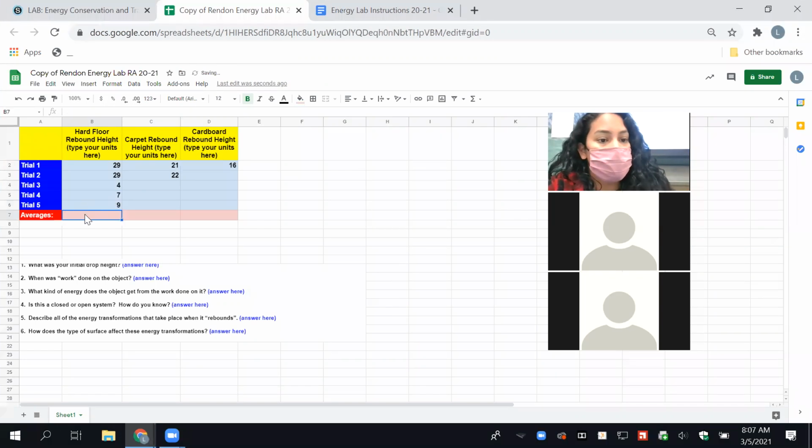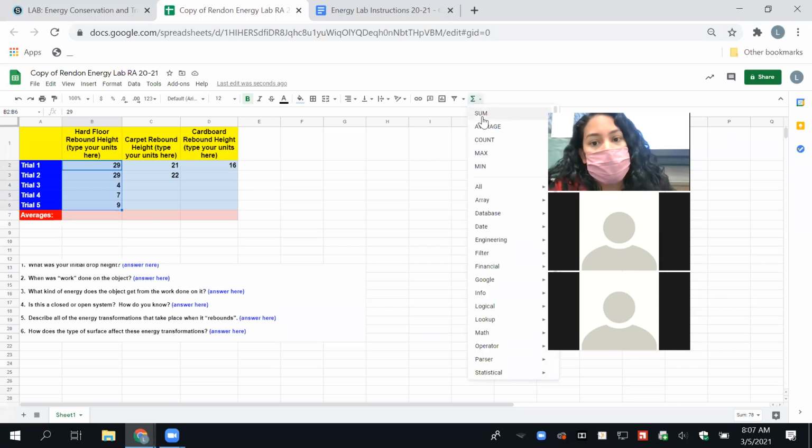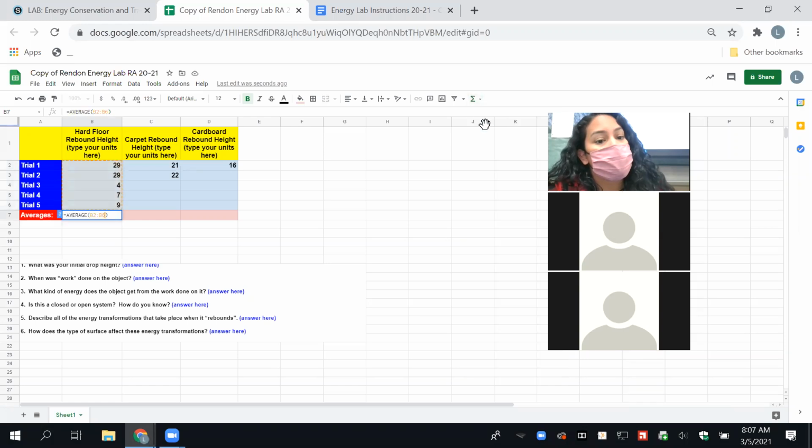Yes, ma'am. So do you see how I highlighted it there? Okay. And then you go to function, this one right here, this E. And then you click average. Okay, thank you. You're welcome.